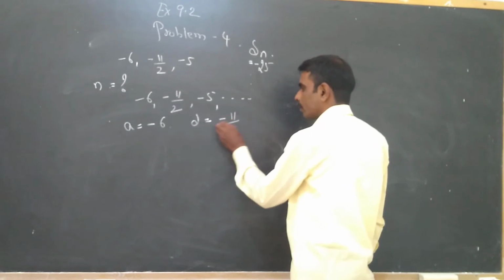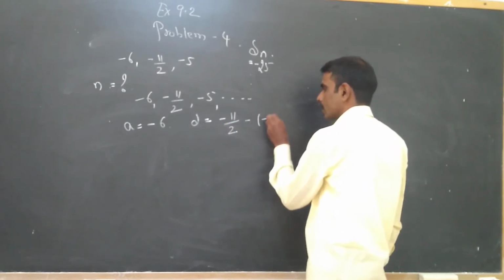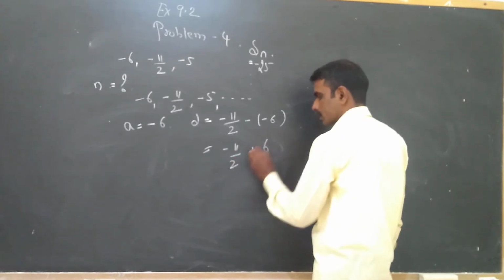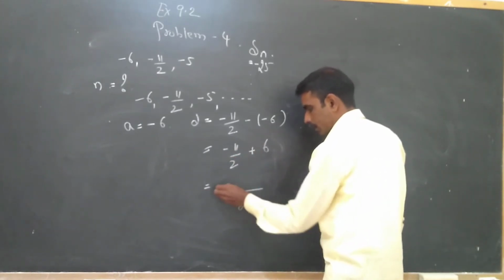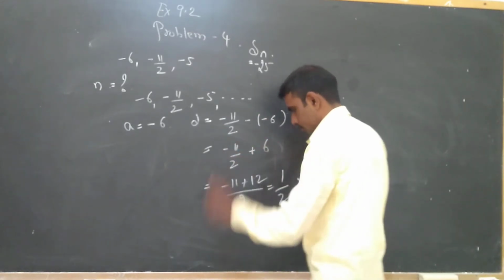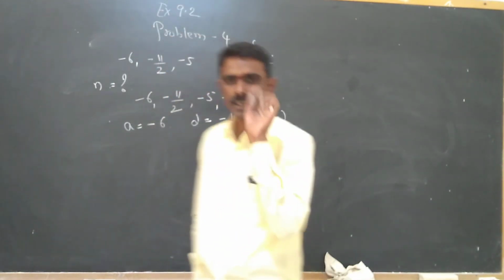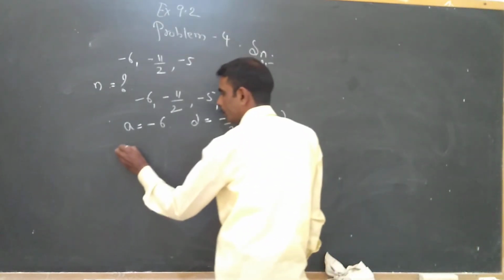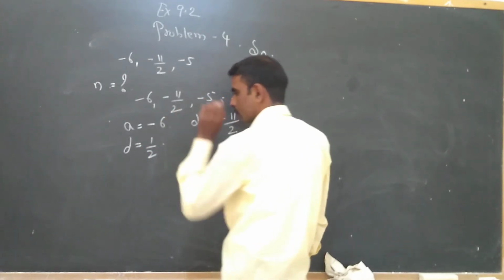So minus 11 by 2 minus of minus 6, so minus 11 by 2 plus 6. So 2 is the LCM, minus 11 plus 12, so it is 1 by 2. The value of d that you get is 1 by 2. So here I am writing d is equal to 1 by 2.